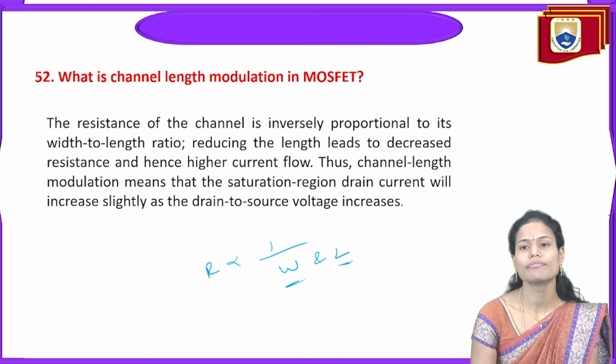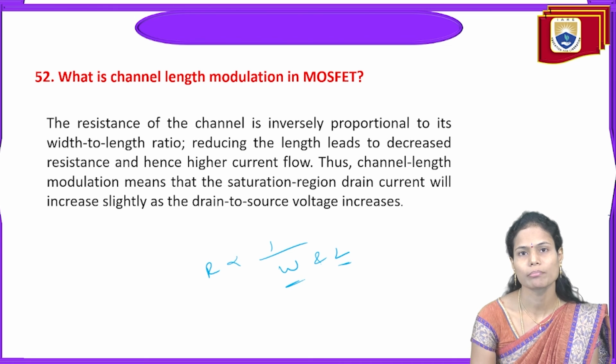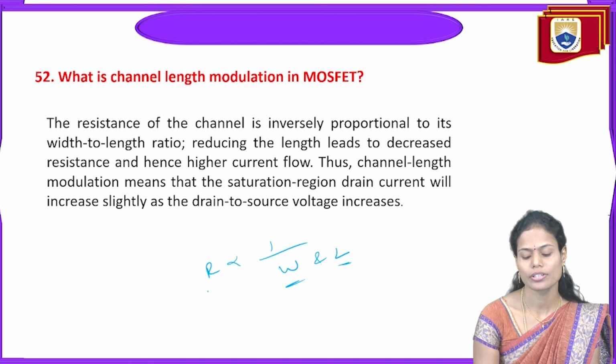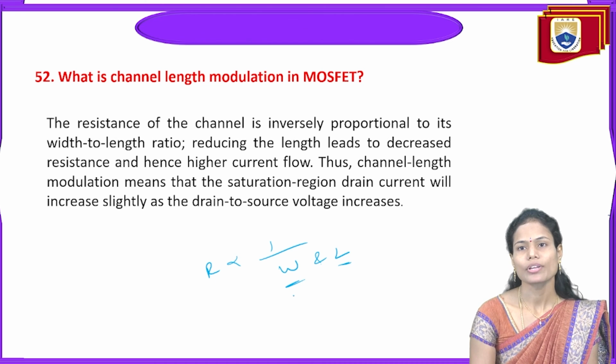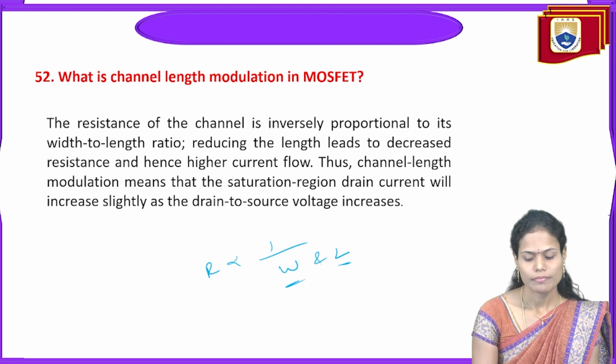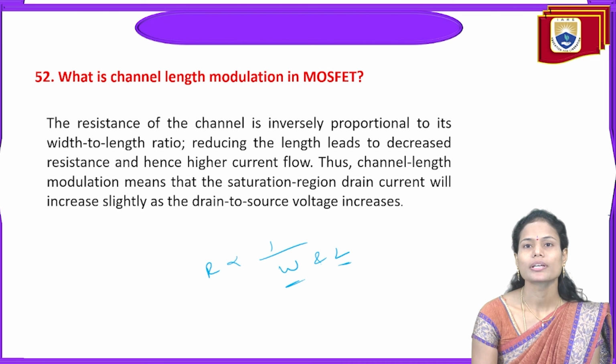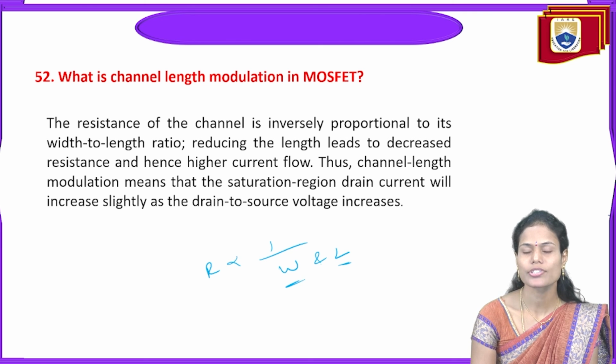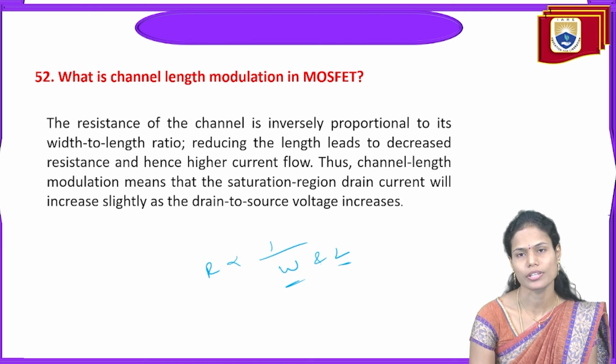So when the width and length of the channel vary, the resistance varies inversely. When the length of the channel decreases, the resistance of the channel varies so that the current conduction in the channel increases.